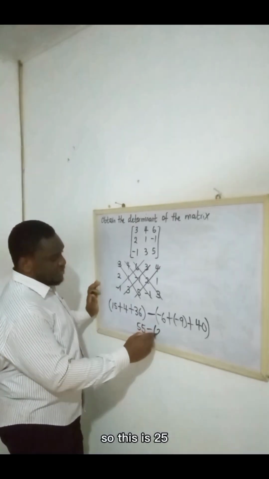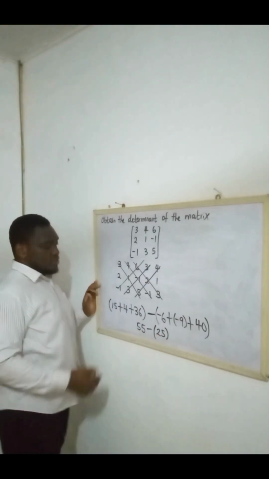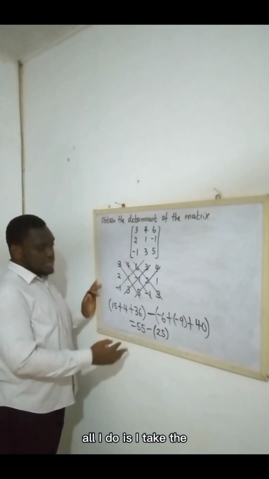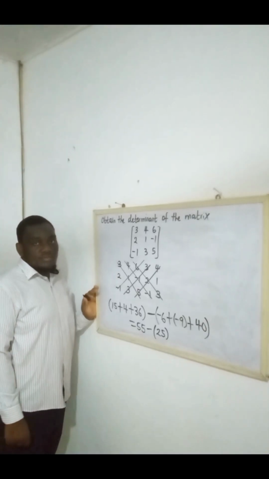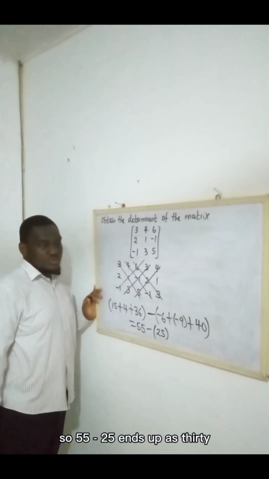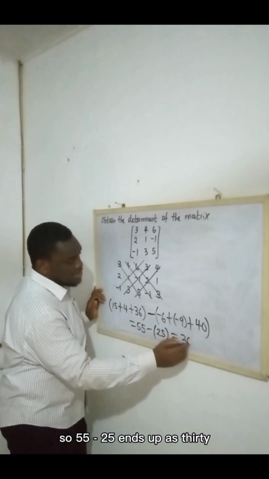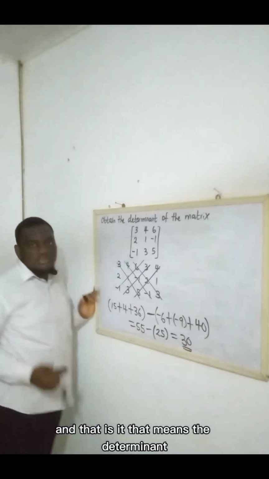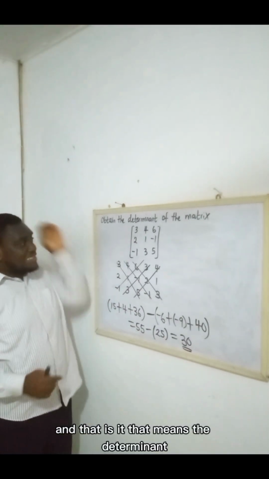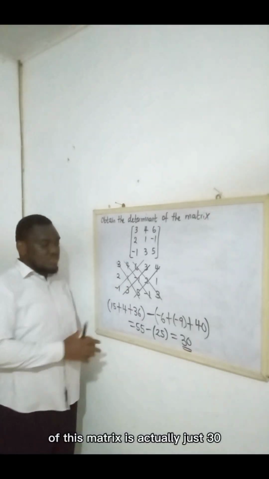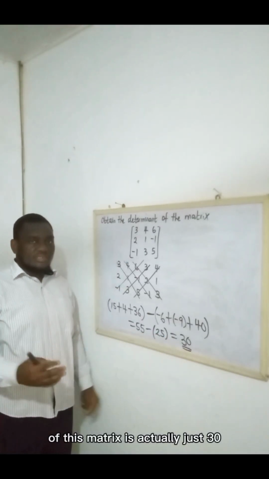So this is 25. Okay, so all I do is I take the subtraction of these two numbers. So 55 minus 25 ends up as 30. And that is it. That means the determinant of this matrix is actually just 30.